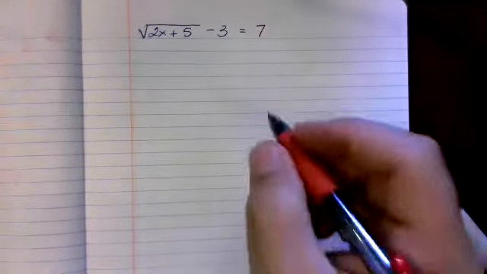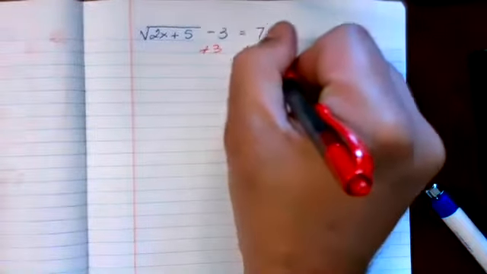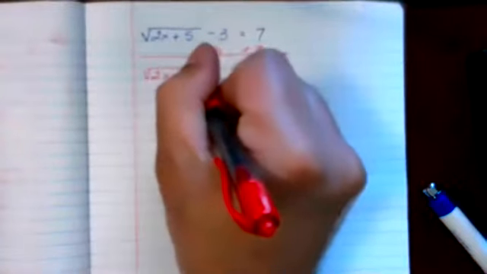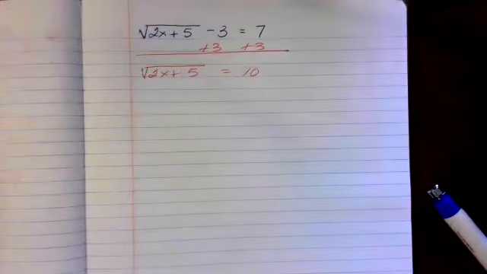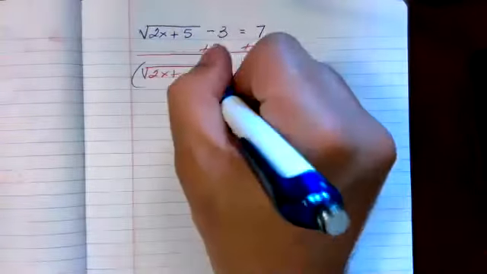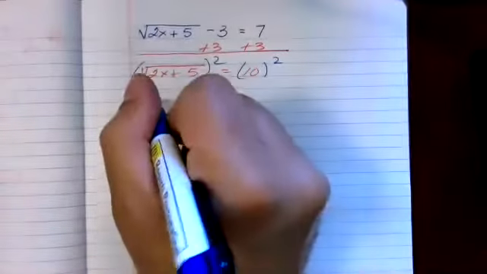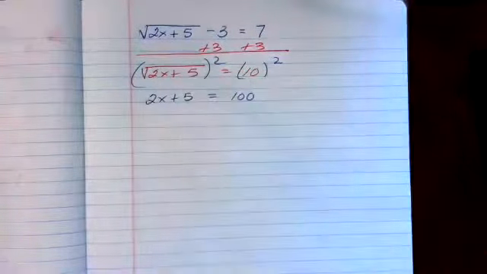Just like the examples prior, I want to get my radical by itself. I'm going to add 3 to both sides. So I will have the square root of 2x plus 5 is equal to 10. I want to square both sides. So I'm going to have 2x plus 5 is equal to 100.